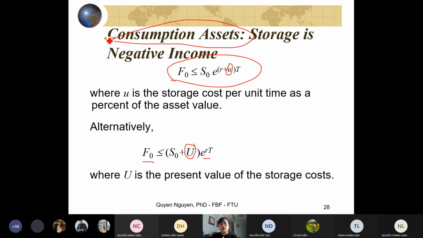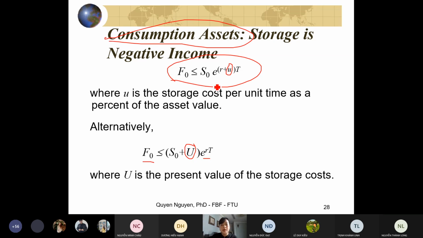Those investors who hold consumption assets, the ultimate goal is to hold them for consumption. And for investment assets, the goal is to invest only, right?